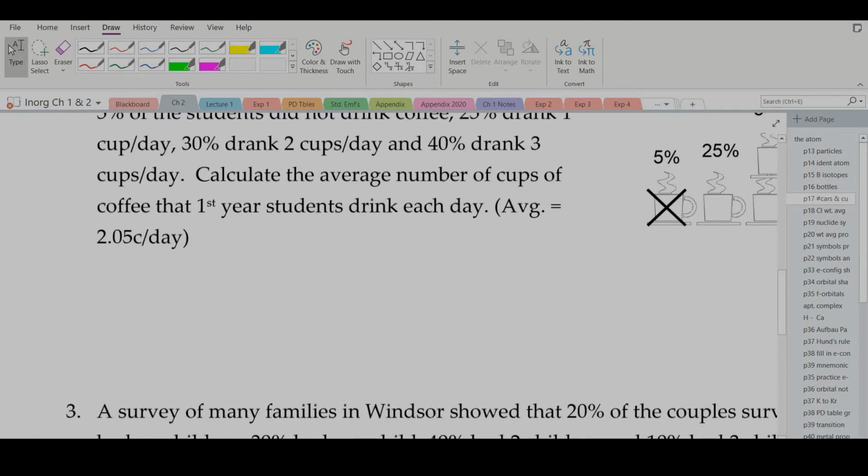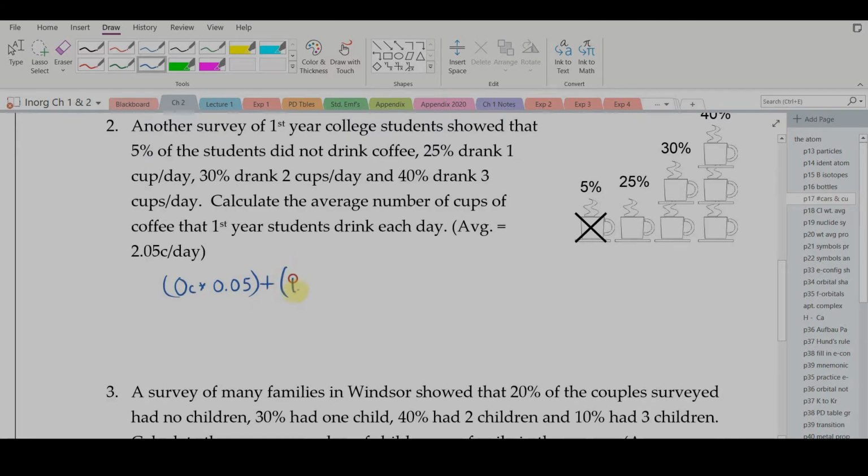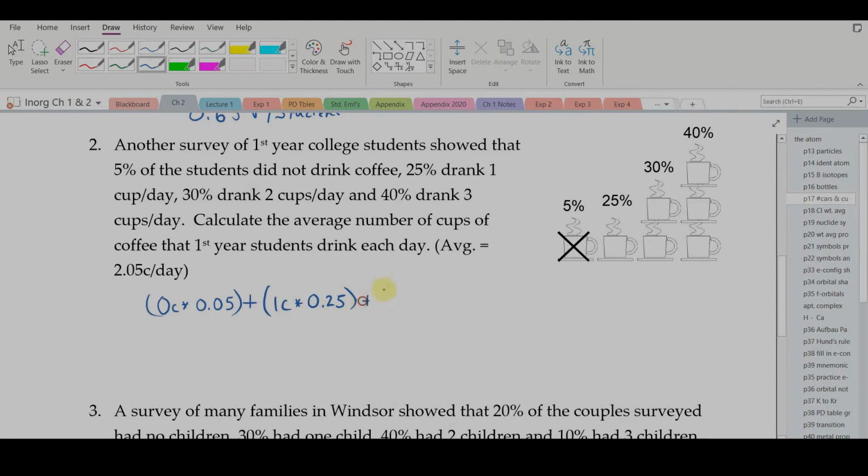I would write 0 cups times 0.05, that's the 5%. And then we have 1 cup, and that's 25%, or 0.25, plus 2 cups per day, and that would be 30%.